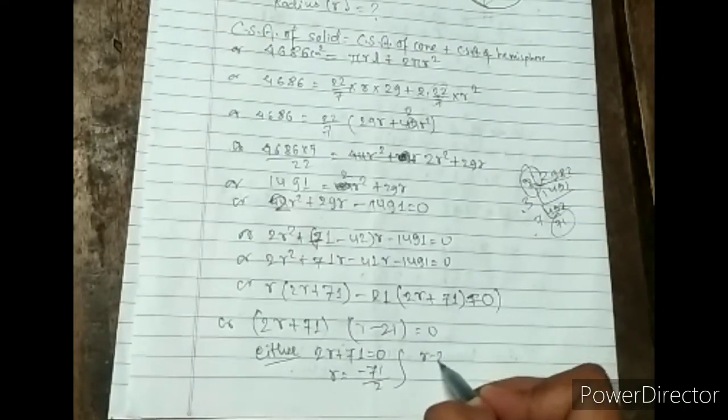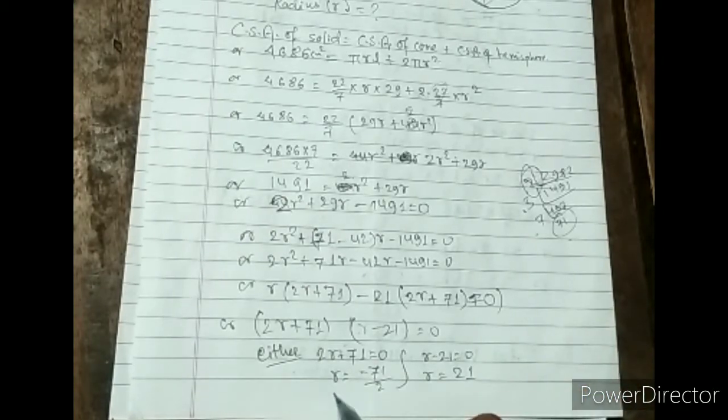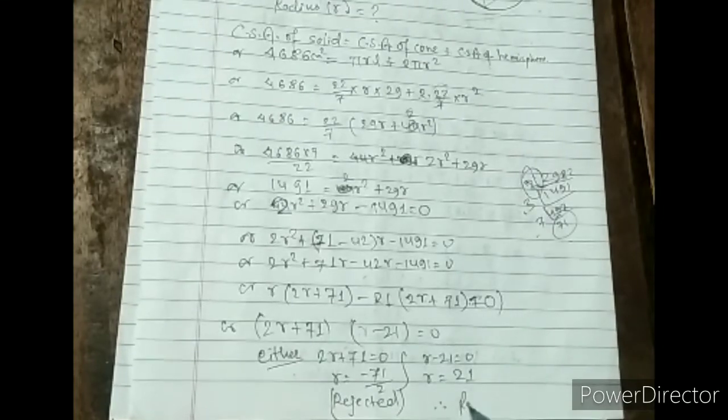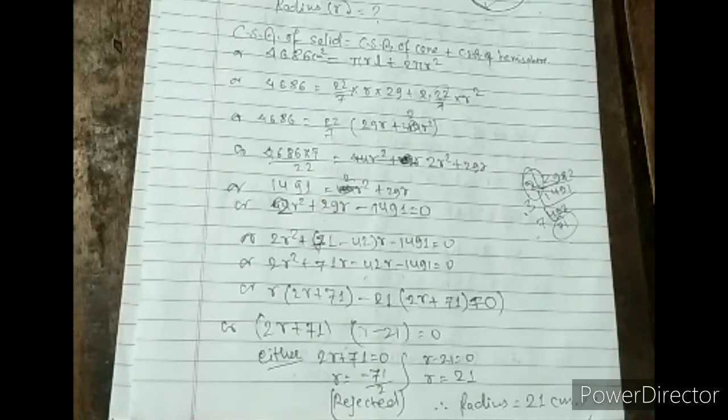From r - 21 = 0, r equals 21, but it is negative, so we reject it. Therefore the required radius is 21 centimeter.